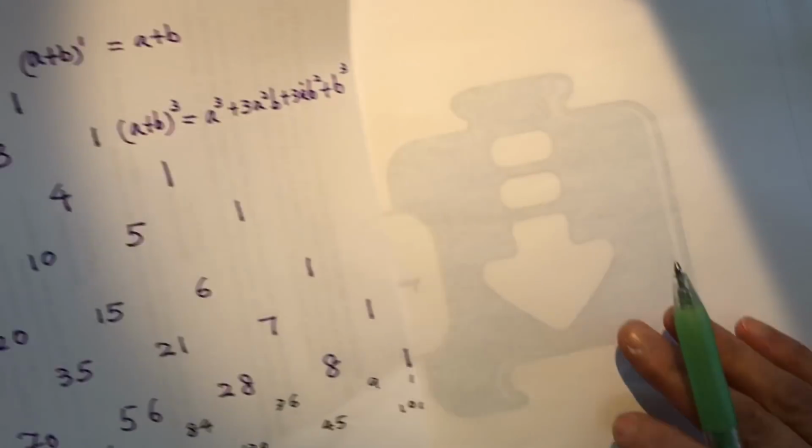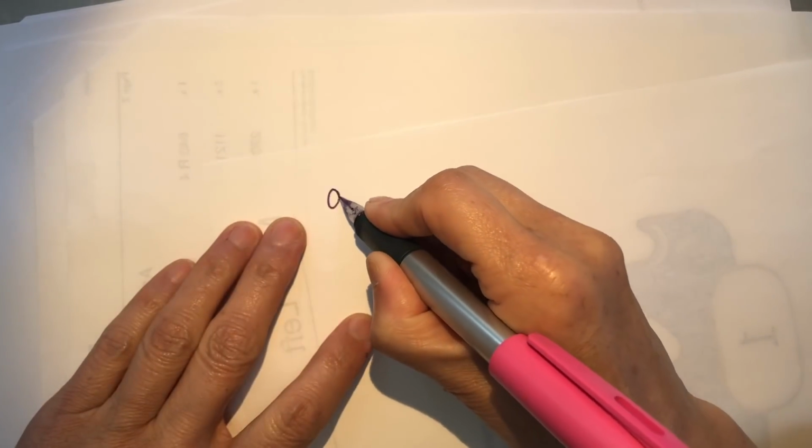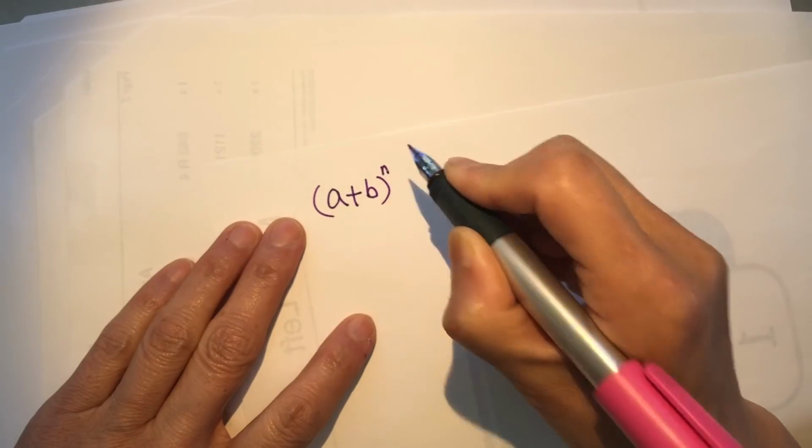Okay, so the formula is, I use another color, okay? Make sure that you can enjoy seeing. (a + b) to the power of n.